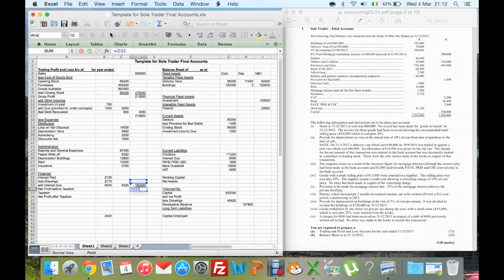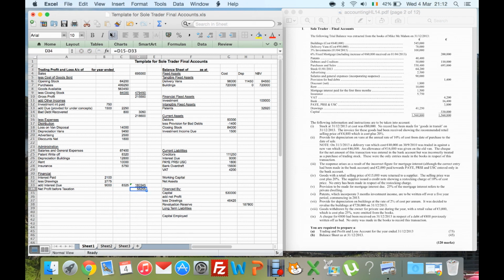Take that figure away from the figure above, and that gives us our net profit. Now in this case it doesn't mention taxation, so I'm going to ignore taxation. So that's our net profit.